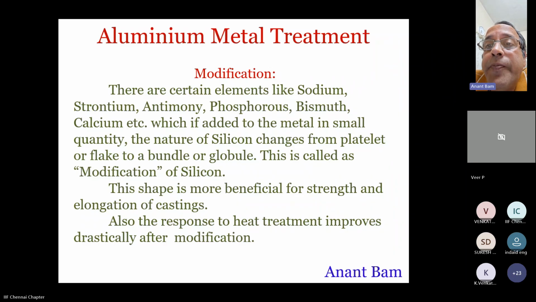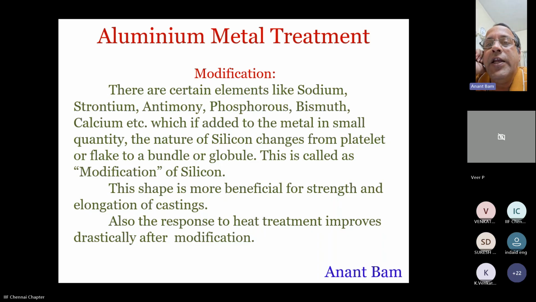In the same way, by adding any of these elements, we can convert flake or platelet silicon to a small bundle or a globule. It begins with stubbing, that is fragmentation, then microfragmentation, and then dispersion.